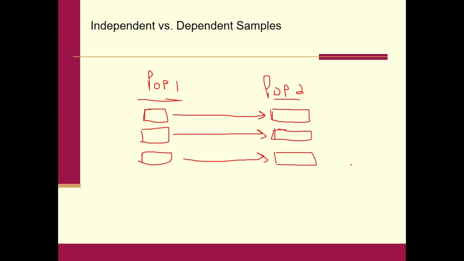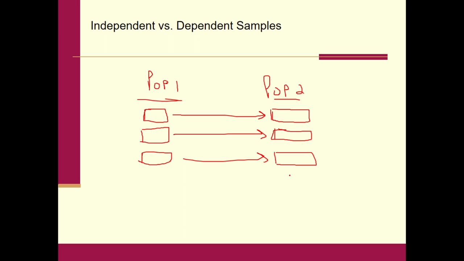And I said, oh, okay, we can run a dependent samples case in that situation. Why? Because you have the home team score. Well, what is the home team score going to be naturally compared to? You're going to compare it naturally to the visiting team score. It only makes sense. Okay, you got this natural pairing. For this particular game, you had a home team, you had a visiting team. For this game, you had a home team, visiting team, home team, visiting team, so on and so forth.